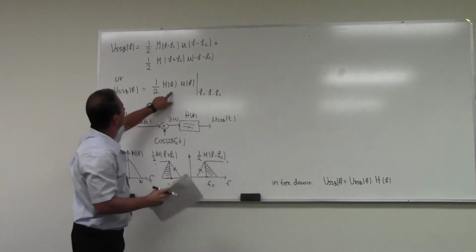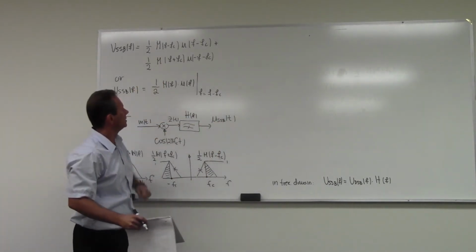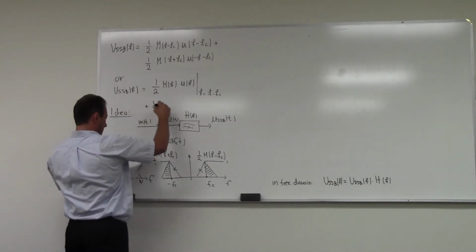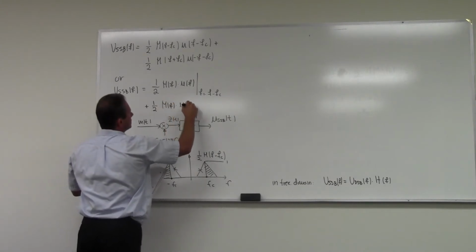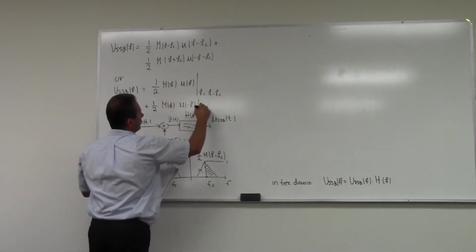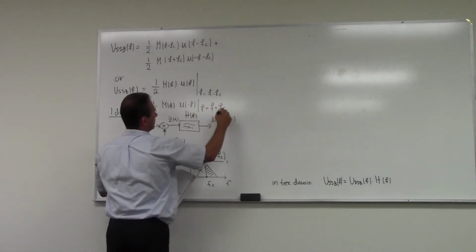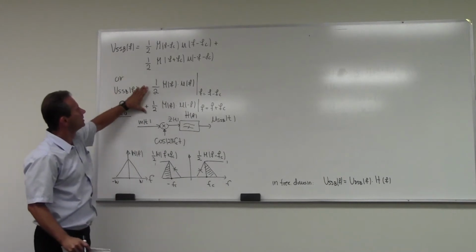You can see that this and this is the same thing, but f is equal to f minus fc. And then plus 1/2 M of f times u of minus f for f equal f plus fc. Right. So just formally approaching these equations, we can say that this is the case.